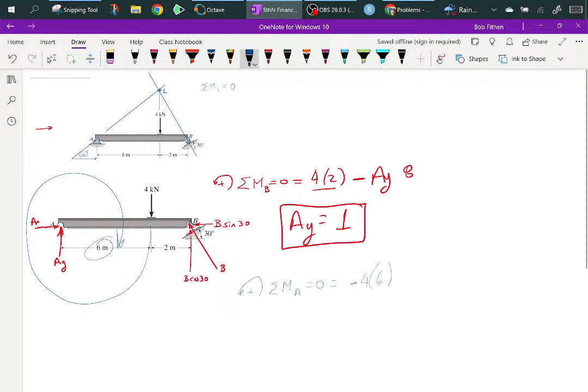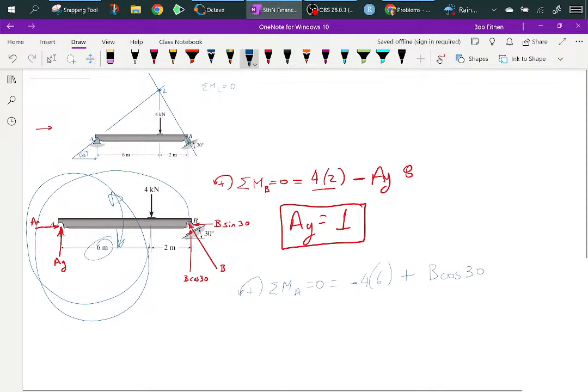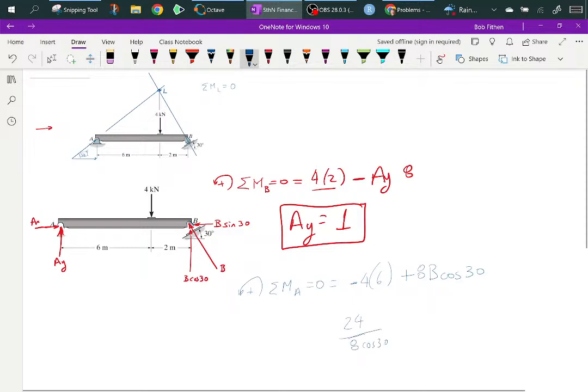Now, this B produces a plus, and it's B cosine of 30 times a 2 and a 6, or an 8. I'll put the 8 right there. And so what you'll get is 24 divided by 8 cosine 30 is equal to B.